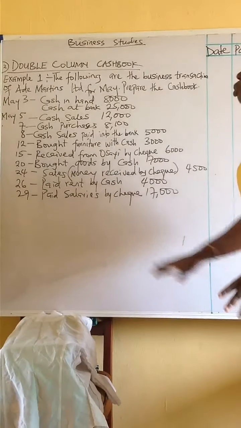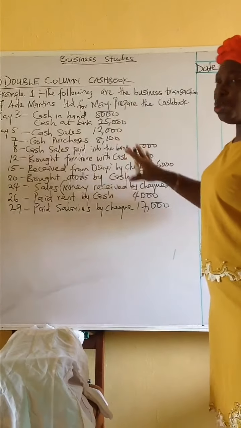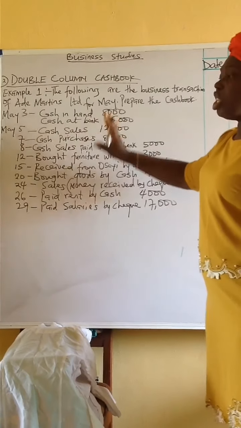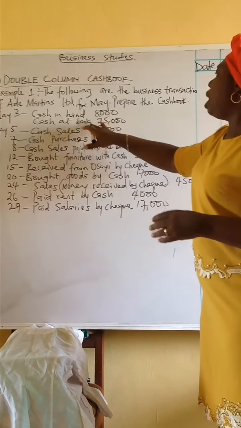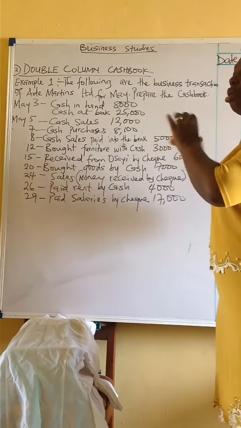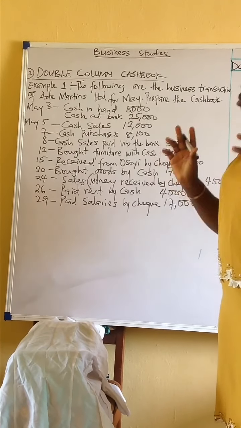In a single column cash book, all the questions contain cash bought, cash paid. But in a double column cash book, you will see transactions that either go to the bank or come in as cash. So when you see it like that, you know that it's a double column cash book.